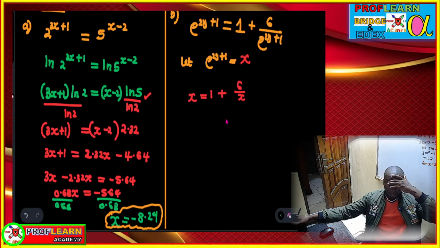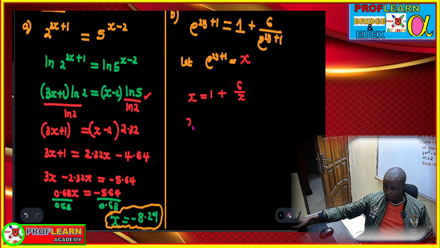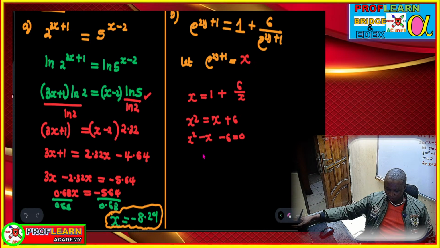Multiplying all through by x, basically this is going to be x squared is equals to x plus 6. So we shall have a quadratic equation. If you try to solve this, you can use a quadratic formula or factorization, and then you shall get your x being equals to 3 or x is equals to negative 2.